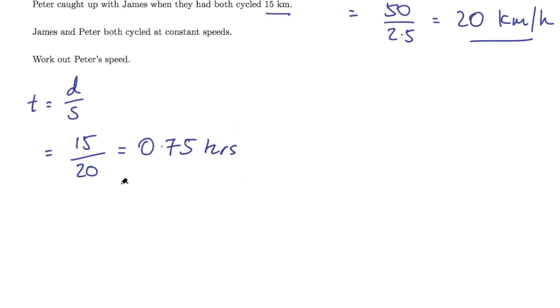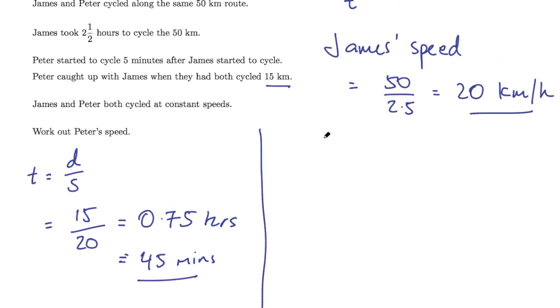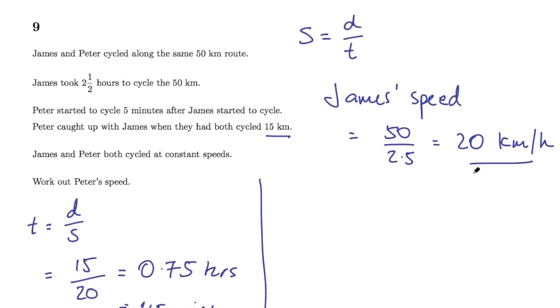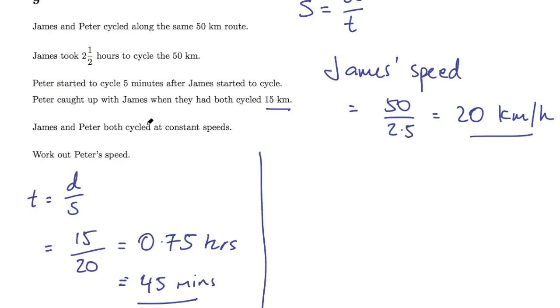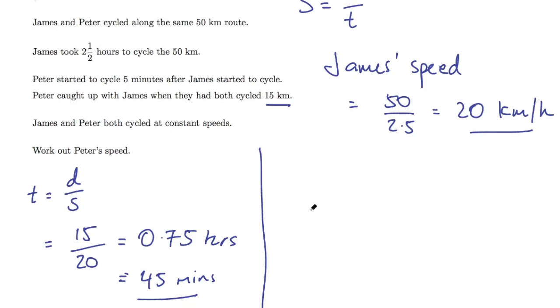0.75 hours is, well, think about it, what's 3/4 of an hour? We say that when we're talking about time, 3/4 of an hour is 45 minutes. Or you can just multiply that by 60, either way. So after 15 kilometers, it's taken James 45 minutes at 20 kilometers an hour. We're trying to work out Peter's speed, and we know that Peter started to cycle 5 minutes after James.